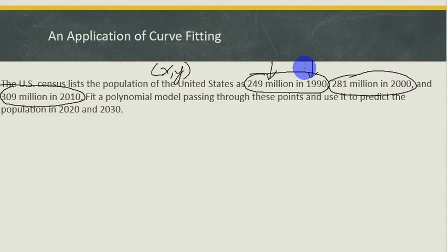So based from here, our independent variable, which is the one that will just go unbothered, would be the year, while the dependent variable would be our population.